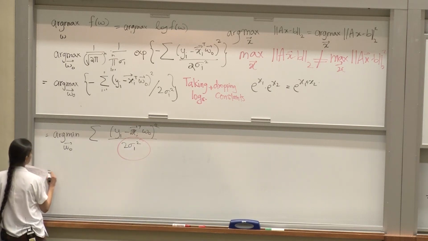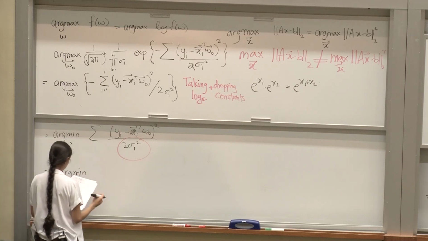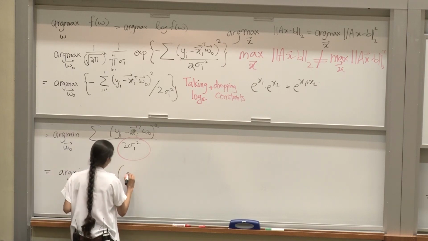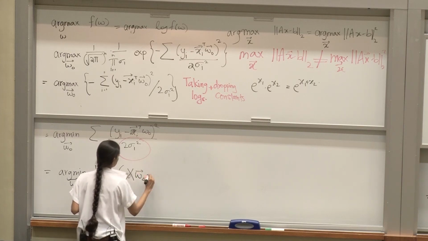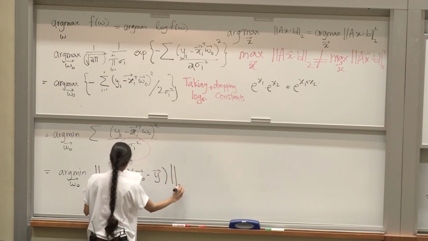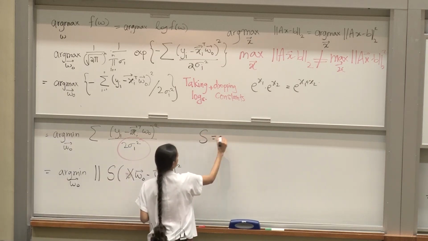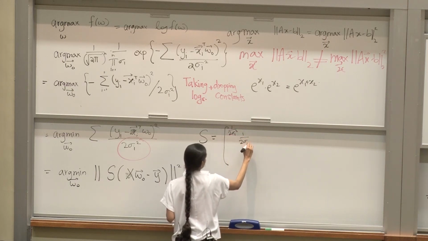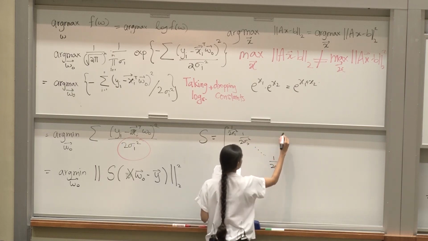So this is the same as argmin over w naught of the 2 norm of, let's say, x w naught minus y weighted by some matrix S. And how am I going to weight this? I'm going to write it as 1 over 2 sigma 1 squared, 1 over 2 sigma 2 squared, down to 1 over 2 sigma n squared.